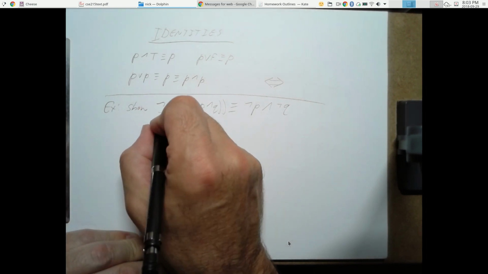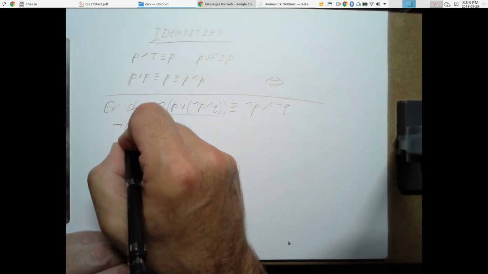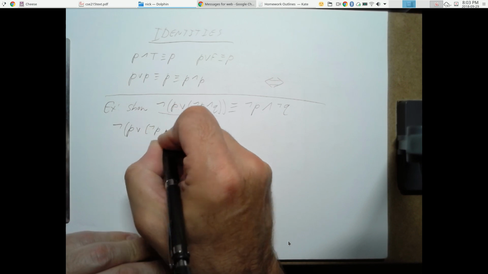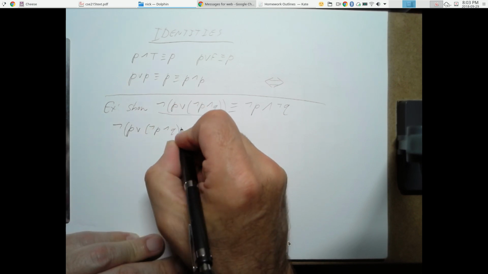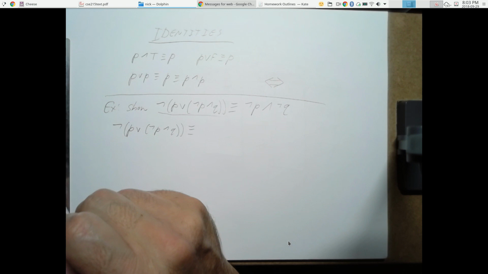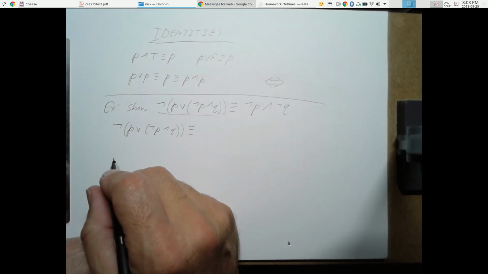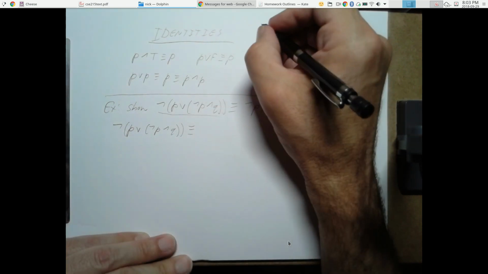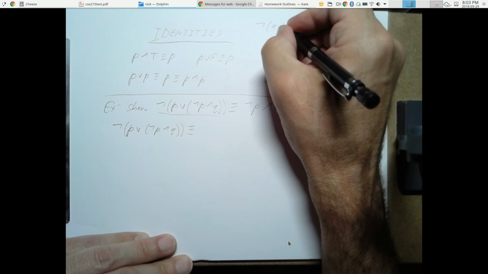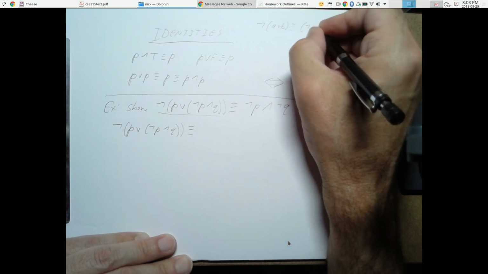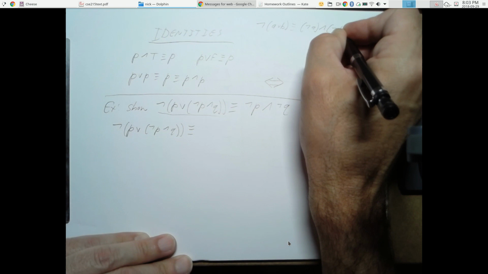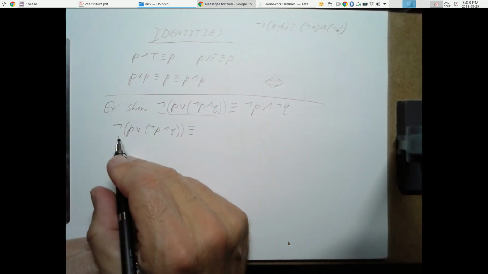So let's start off with the left side, the negation of P or (not P and Q), and let's find what that's equivalent to. Well, we have De Morgan's theorem, which says negation of A or B is equivalent to negation of A and negation of B. Here's a negation.